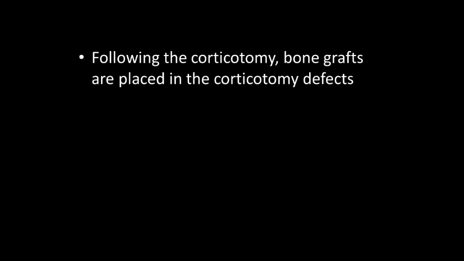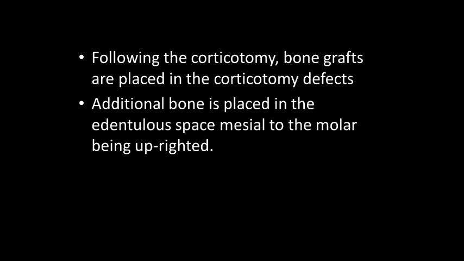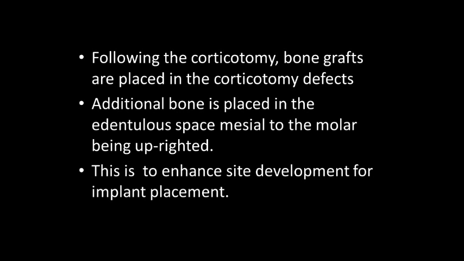Following the corticotomy, bone grafts are placed in the corticotomy defects. Then additional bone is placed in the additional space mesial to the molars being uprighted. This bone grafting on the mesial is used to enhance site development for placement of an implant, and a bigger body implant can generally be placed.